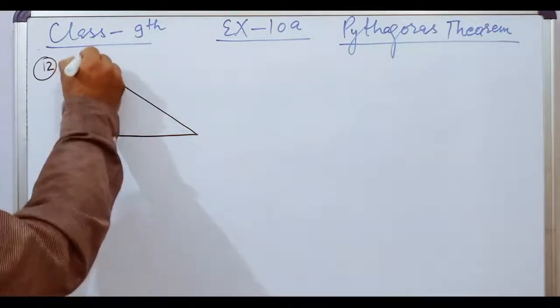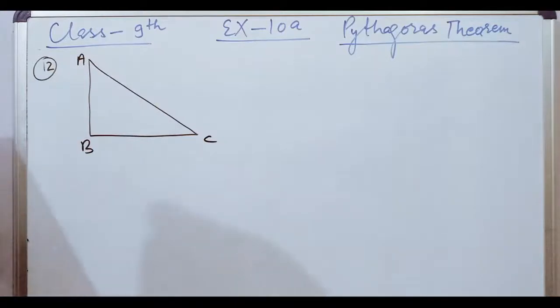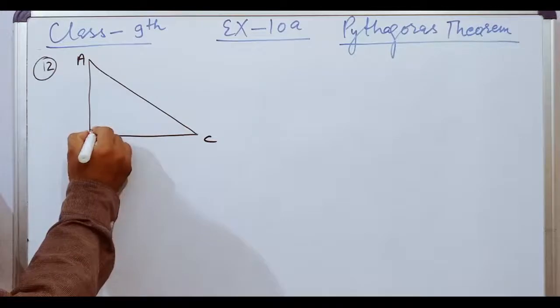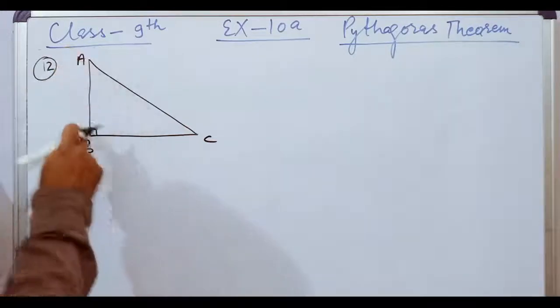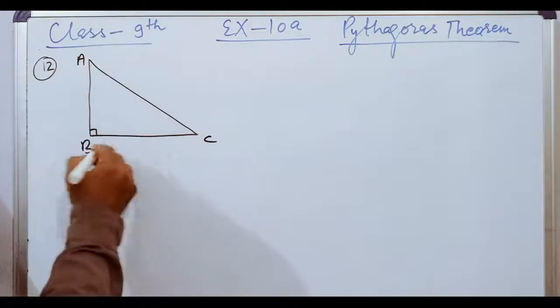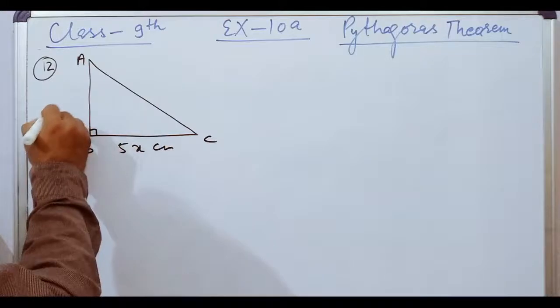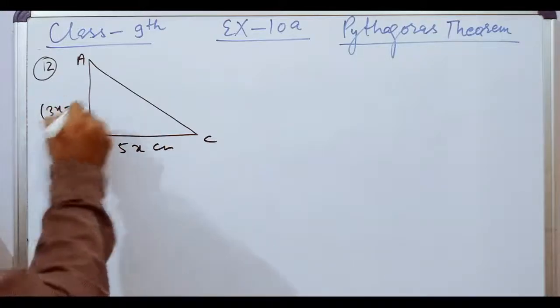Means it is ABC. The sides of right angle triangle containing right angle, means the sides which make right angle in right angle triangle, are 5x centimeter and 3x minus 1 centimeter.